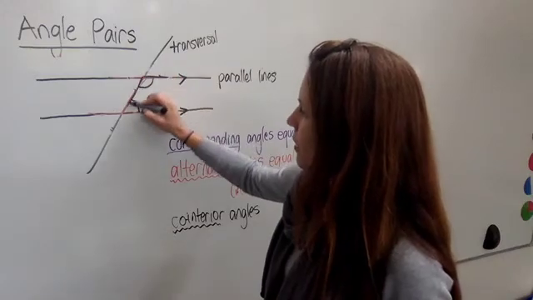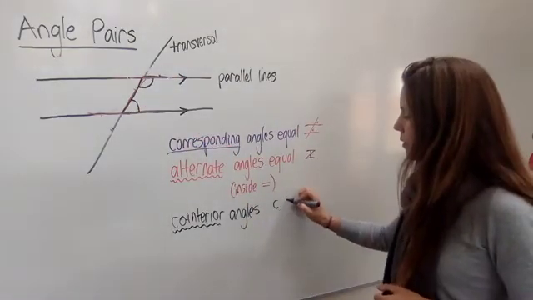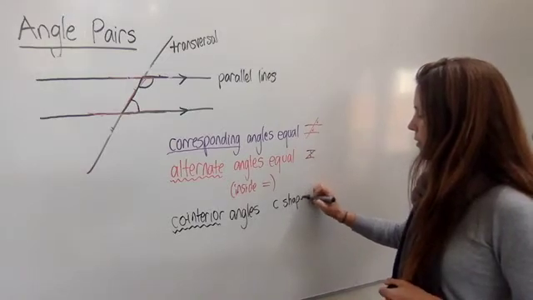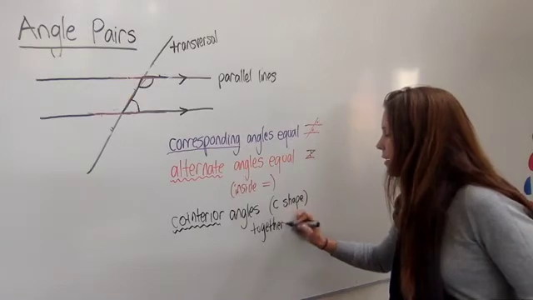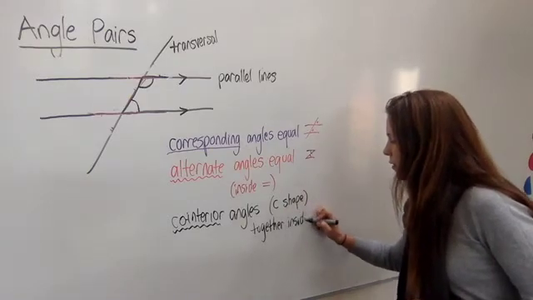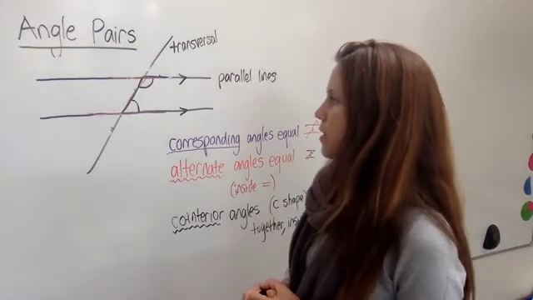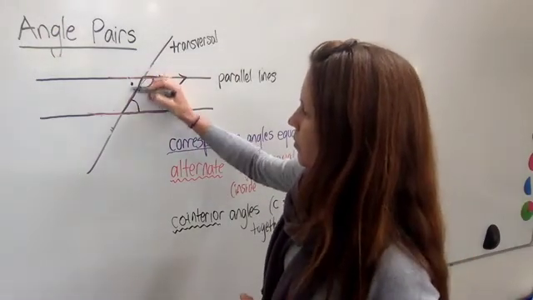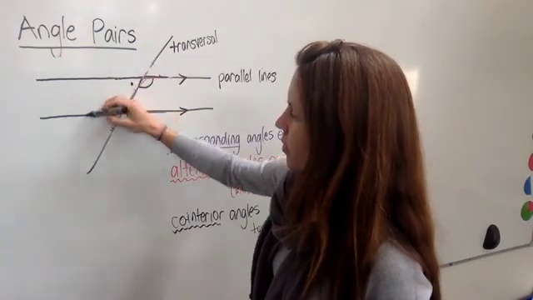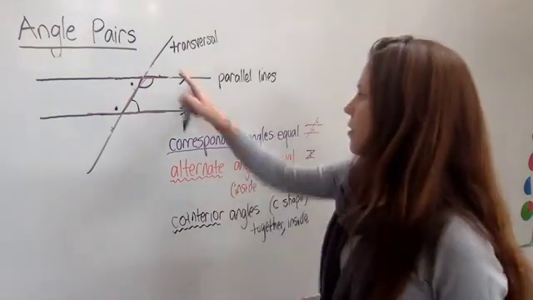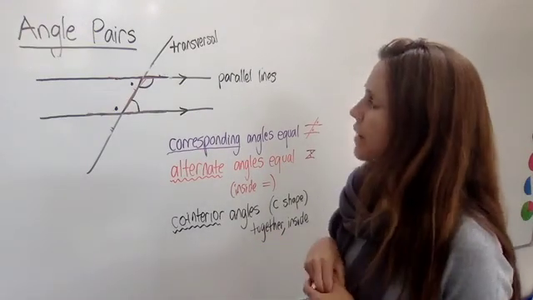And they almost make sort of like a C shape if you outline them both. So I'm going to write that in there, the C shape. And they are together on the inside. So there'd be another pair of co-interior angles in this picture. This one and this one are also together on the inside, on this side of the picture. And the angles on the outside are not involved here. And that's pretty much your angle pairs.